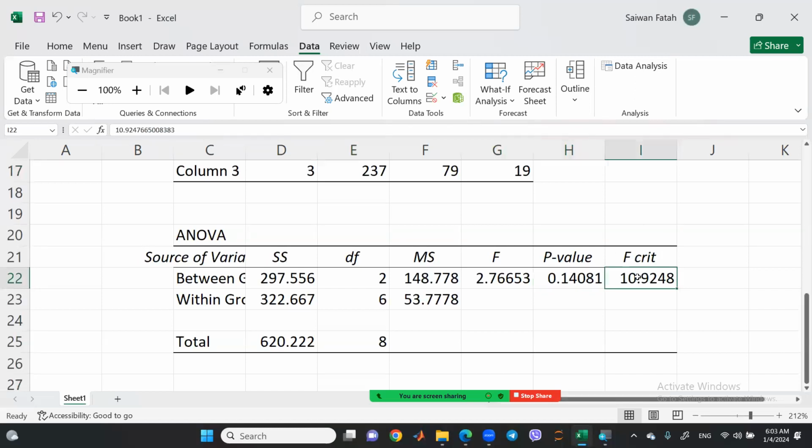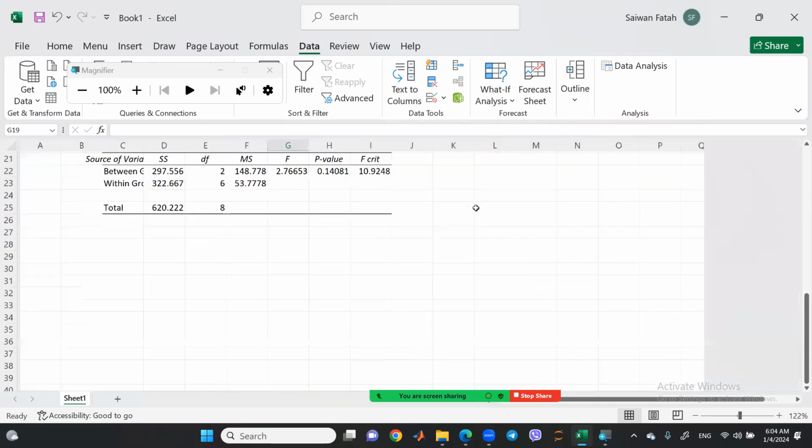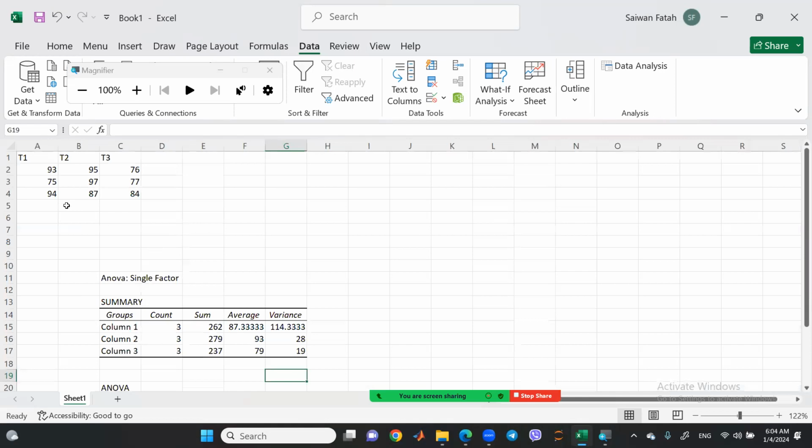And this is F, which is obtained from the table. We work on these two manually. We said if this one is greater than this one, we are unable to reject. But if this one is greater than this one, we reject. Okay? That's it. And it's the same for all examples.